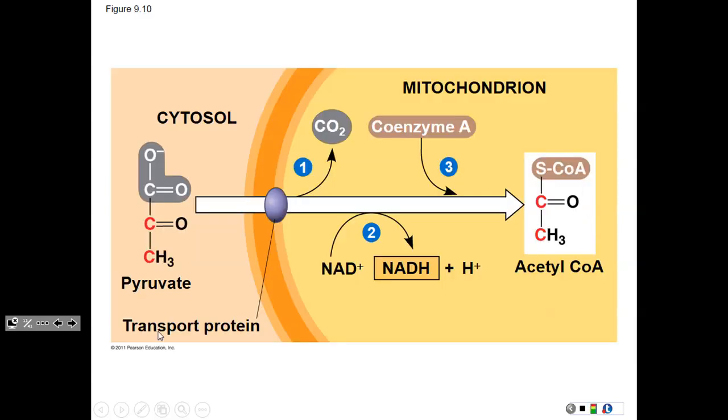Now, we got to get pyruvate from that last slide into the mitochondria. I've said it a few times. I think it's important I say it one more time right here. Glycolysis is in the cytoplasm, the citric acid cycle, the Krebs cycle, exclusively within the mitochondria of eukaryotes. Okay? The two shall never meet, right?